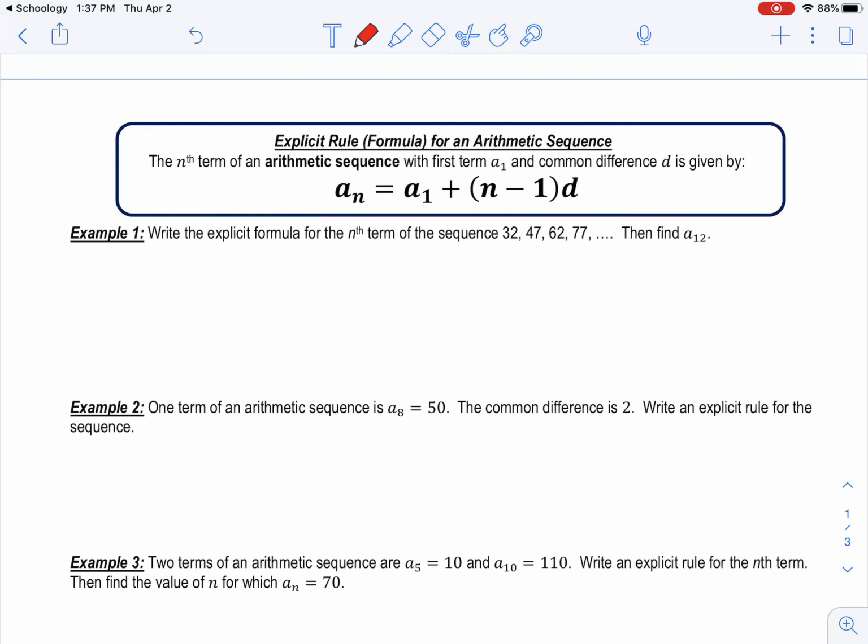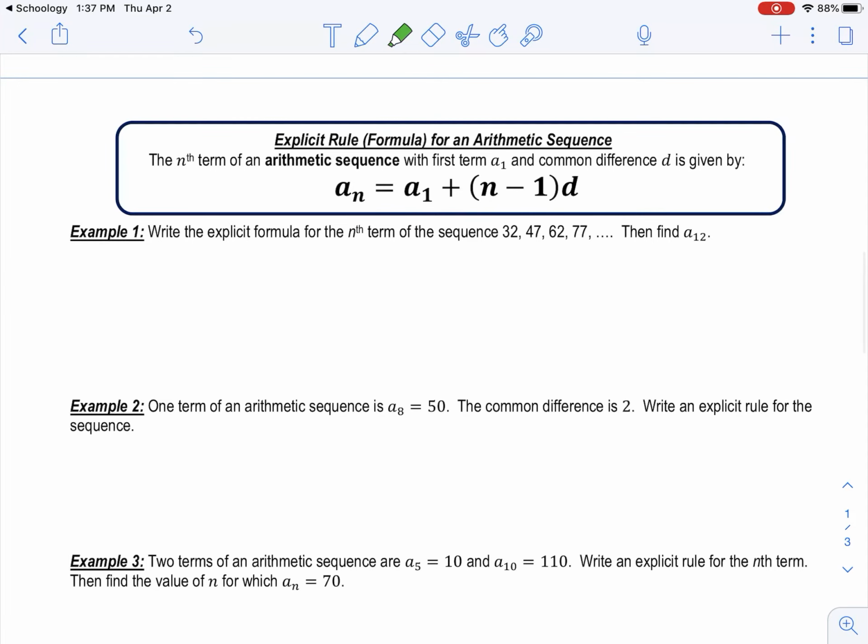Okay, so how do we get that linear equation? To get that linear equation, we can use this rule right here. A sub n is equal to the first term plus n minus 1 times the difference. Then you can distribute, combine like terms, and you will get your rule.